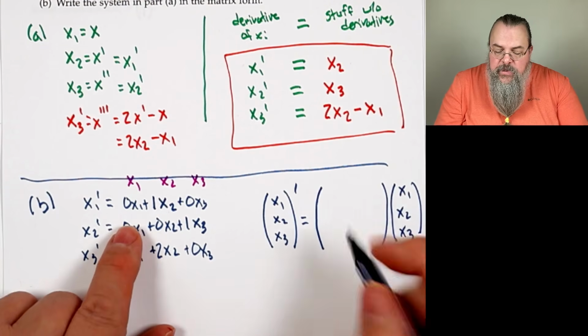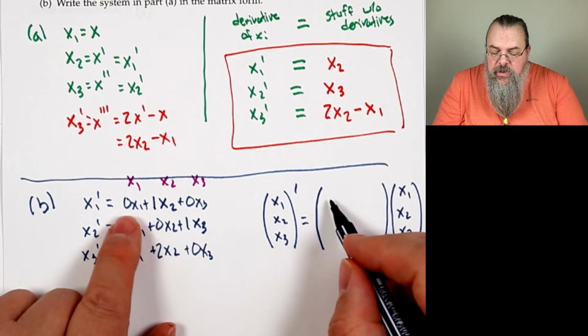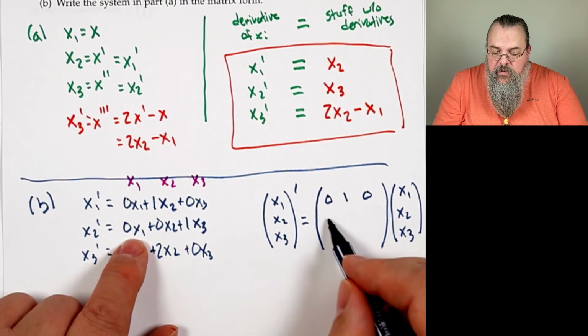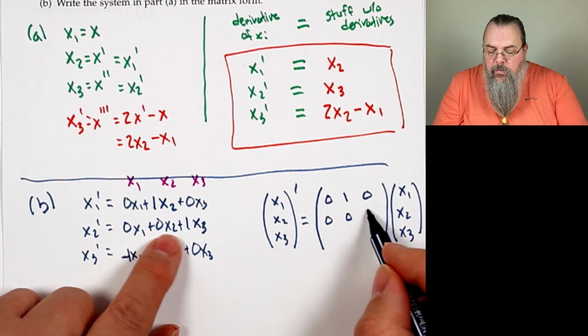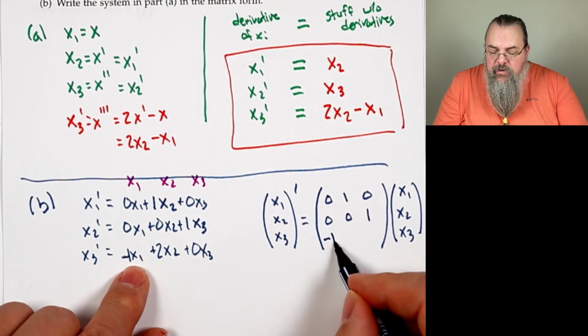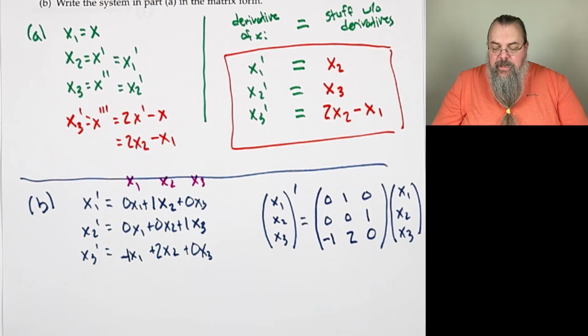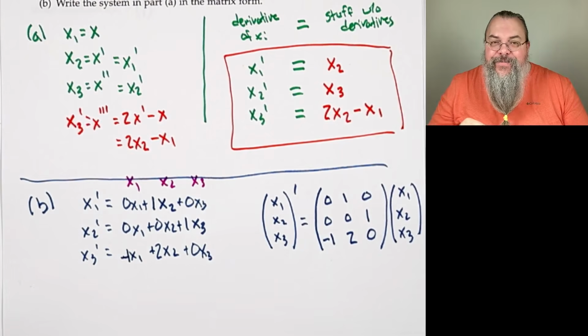And now I just read off the coefficients. 0, 1, 0. 0, 0, 1. Minus 1, 2, 0. And that's it. That's putting it into matrix form.